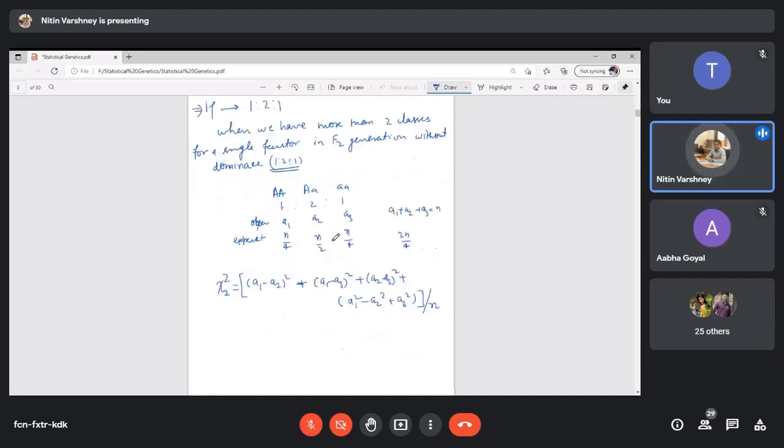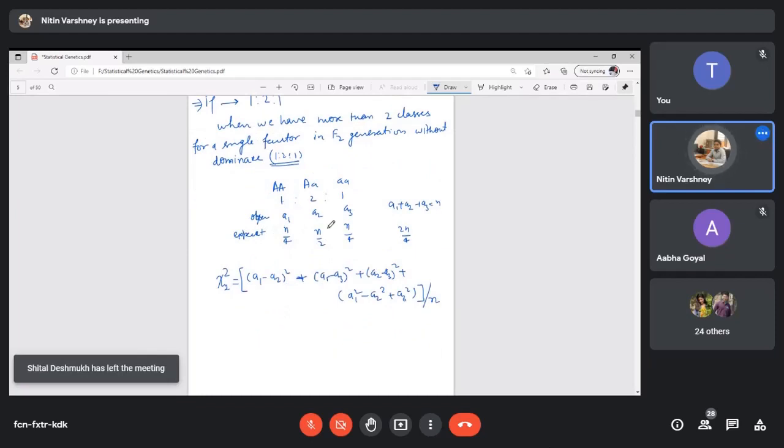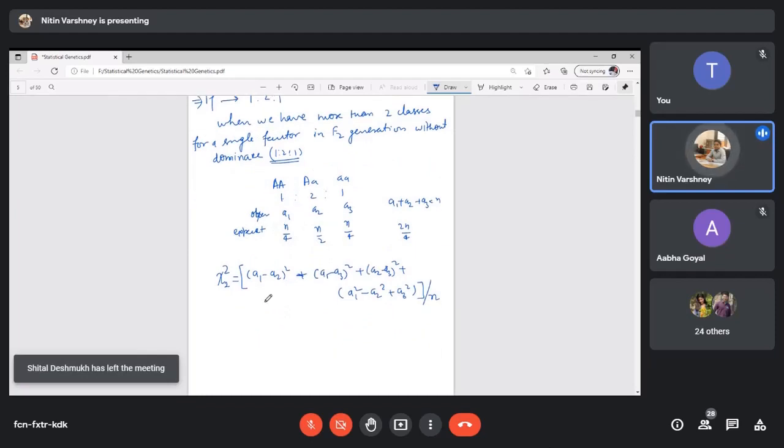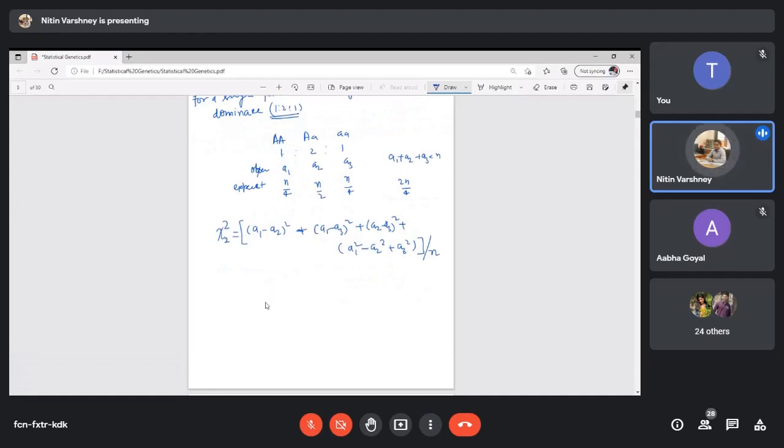So how will you calculate this chi square? Can anyone tell me how we will derive this formula?